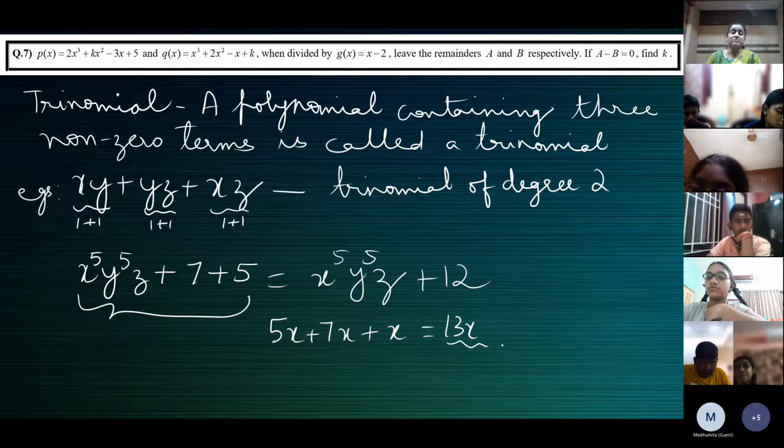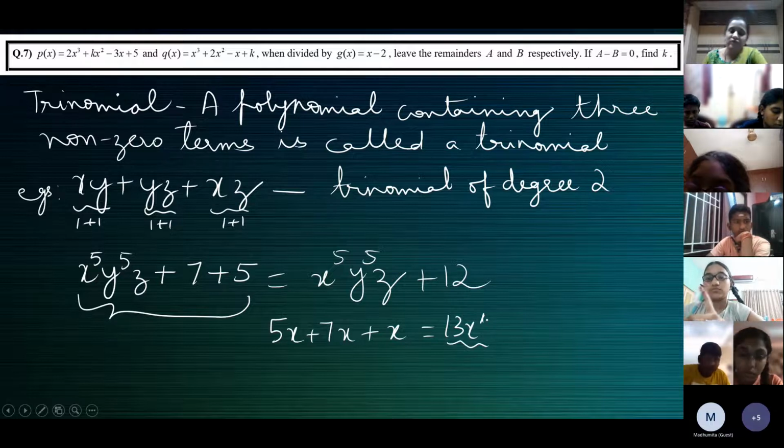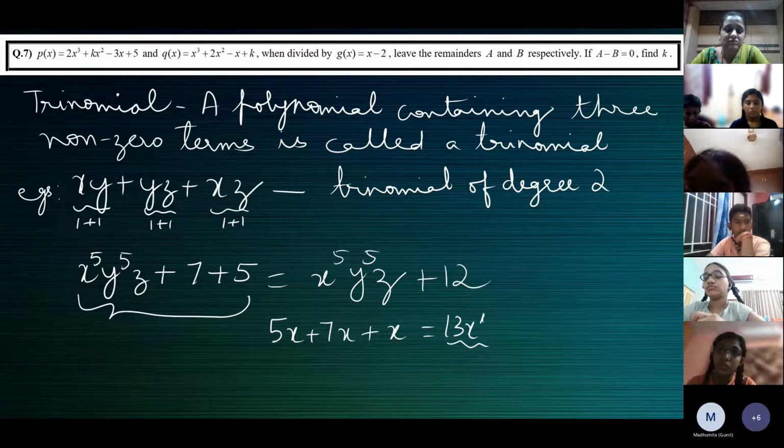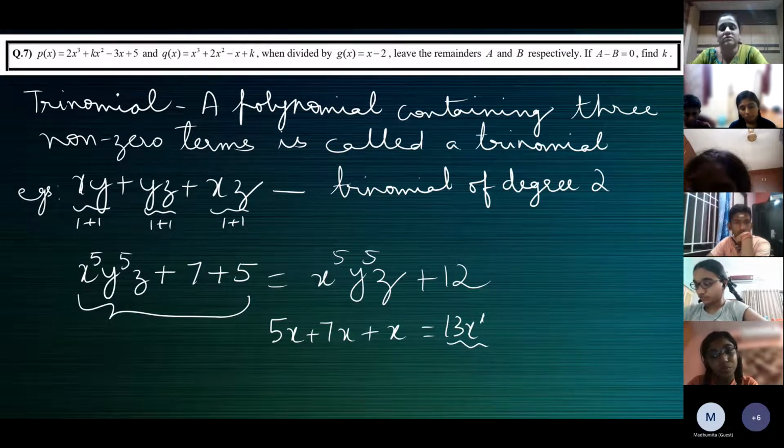What is 13x? It's a monomial of degree 1. So everywhere, wherever possible, you must first simplify and then conclude.